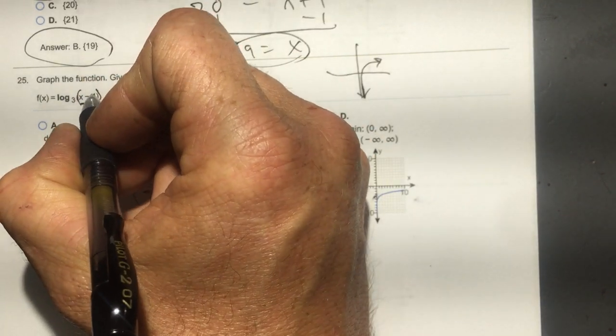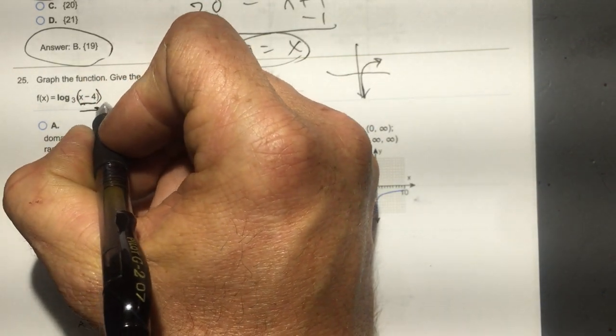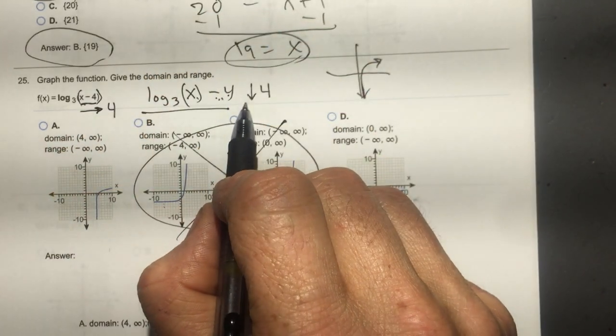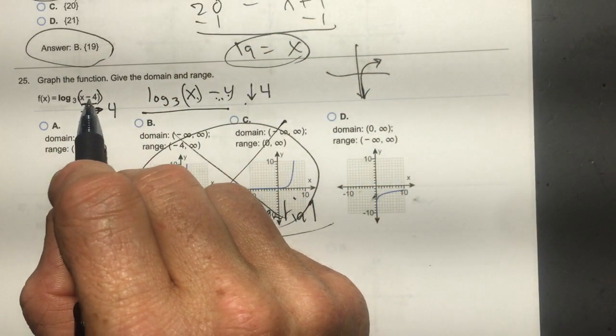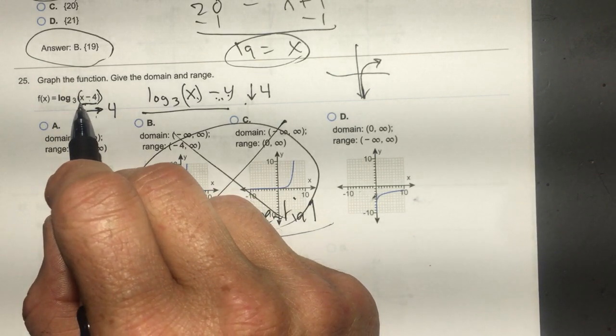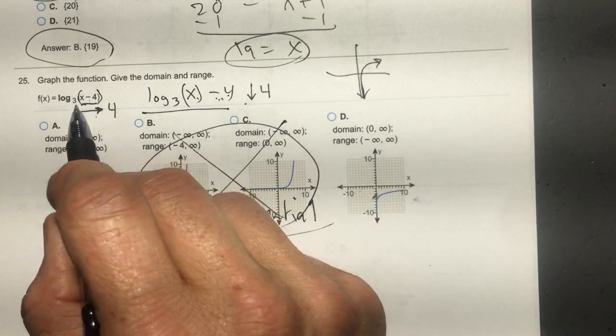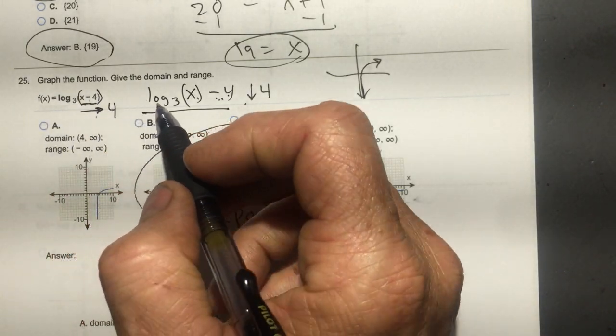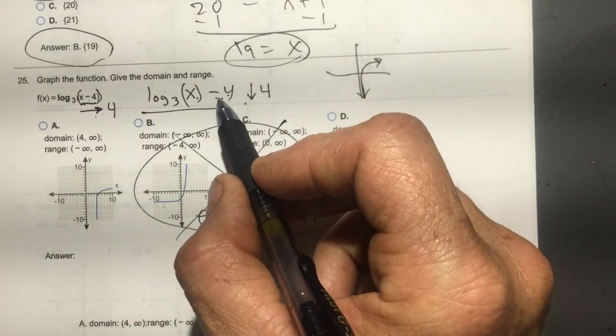This is horizontal, which does the opposite. It's going to make it go that way 4. See the difference? This is in there with the x, which is horizontal. So I'm doing the log of the 4 along with the log of x.